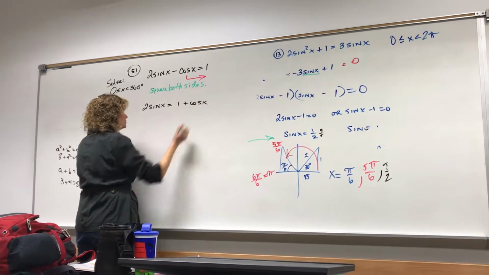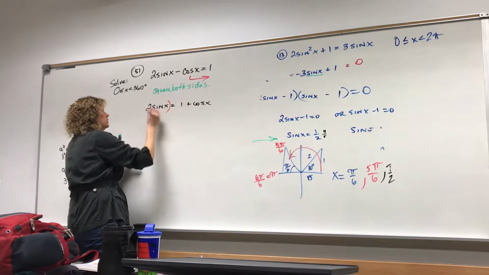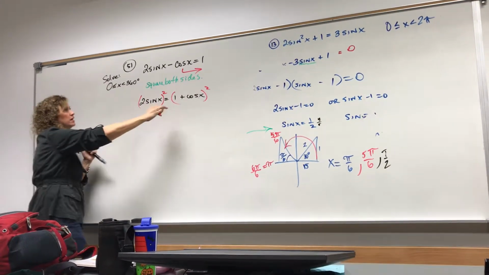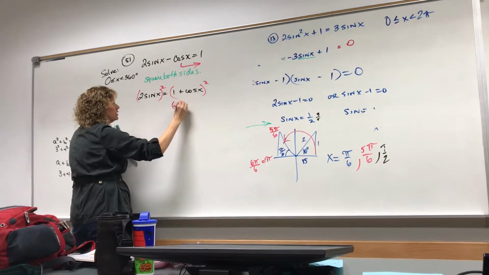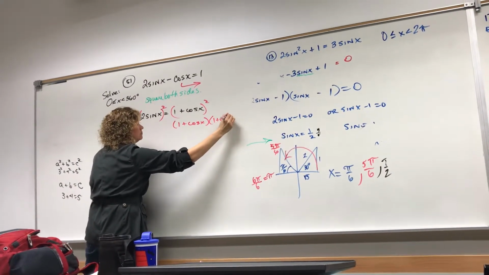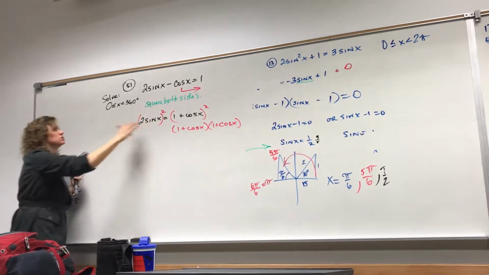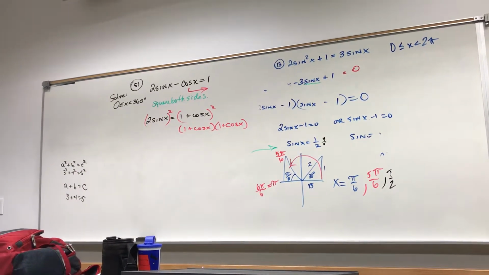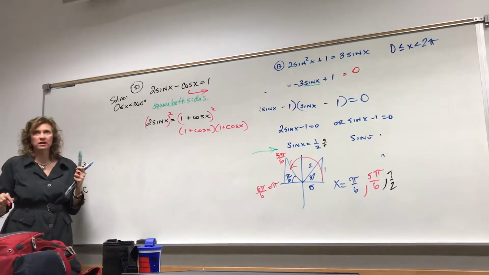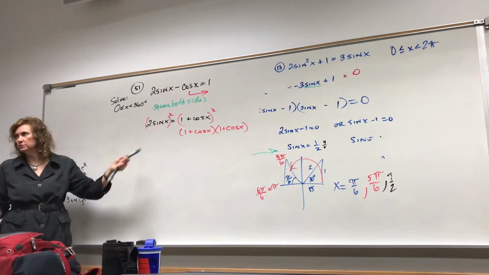Now, we are going to square the side, and we're going to be super careful about the fact that I'm going to FOIL over here because it's a sum. But how do I square 2 sine x? I say 2 sine x times 2 sine x, and it's all multiplication. We square the 2, we square the sine x.